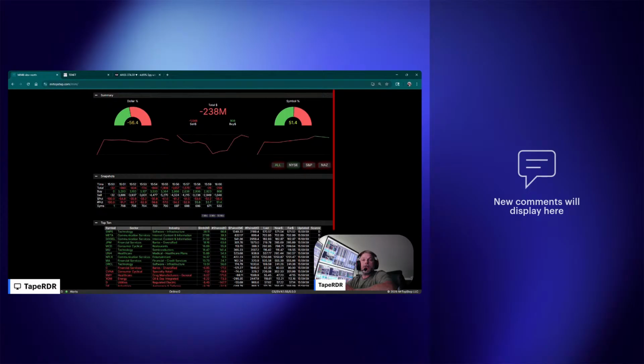NASDAQ and New York Stock Exchange start disseminating in the morning at 9:25. I get my list. And at 3:50 Eastern Standard Time, there's another list that comes out for the end of the day buy and sell imbalances. And basically, you have to understand how a buy and a sell imbalance works and why they exist.